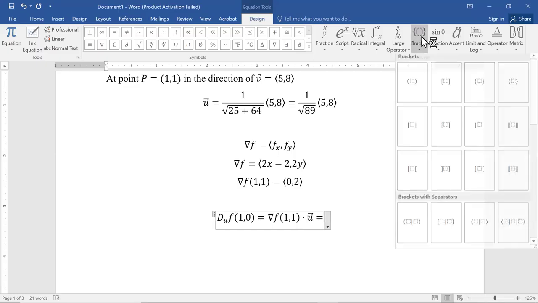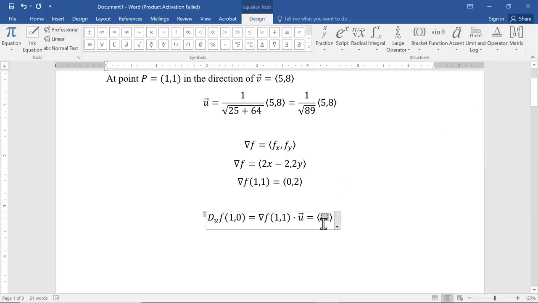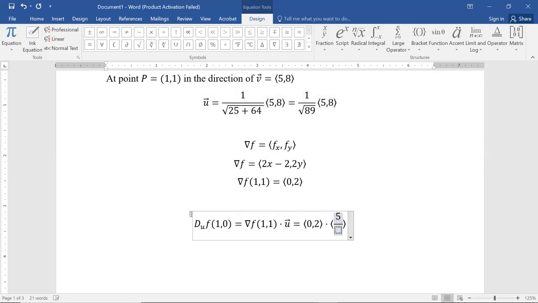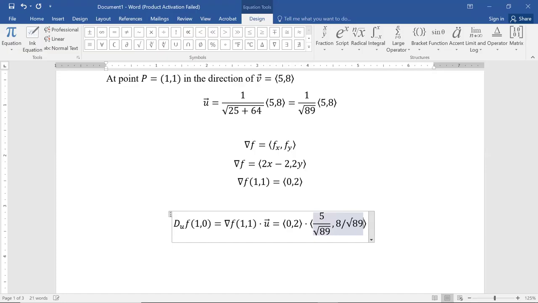So that's going to be vector 0, 2 dot producted with vector, well, I'm going to distribute this 1 over square root of 89, so that's going to be 5 over the square root of 89, comma, and then 8 over the square root of 89.